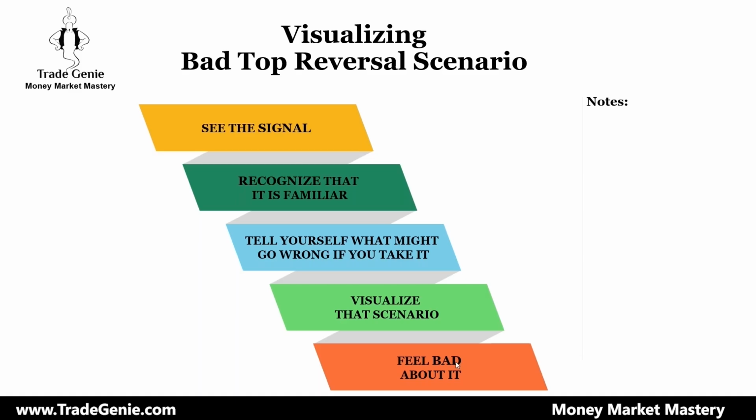So you have to see how many times you saw the signal, you recognized it as familiar, and you created a story in your mind, and then the trade turned out to be a great trade. So what happened? If you keep ignoring all the good signals, instead of feeling good about it, you inject these two scenarios, then you will become desperate.